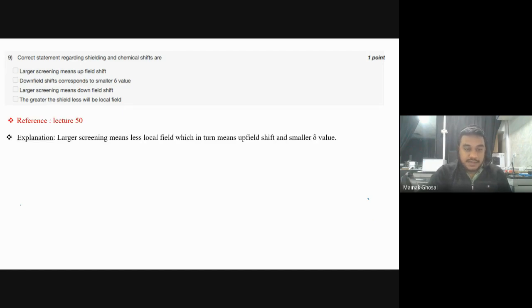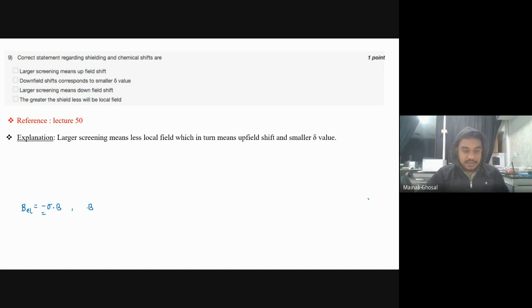50. What does larger shielding mean? Okay. I have discussed that due to the motion of the electron, it will create a magnetic field, which is given by B_el equals minus sigma into B. And I have also told you the significance of this negative sign. The negative sign implies that it will oppose this magnetic field. So the magnetic field that was earlier experienced by the molecules will actually change. How will it change?